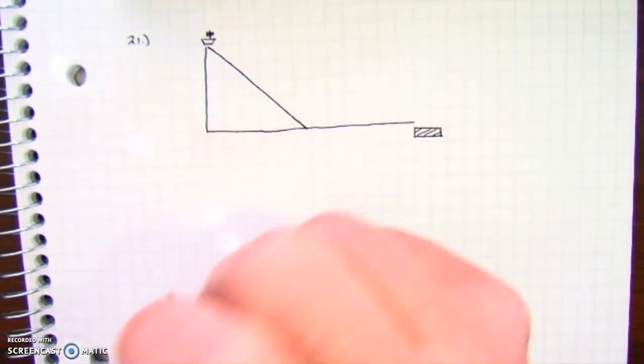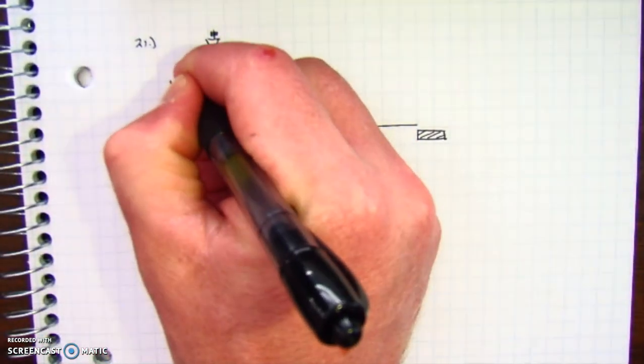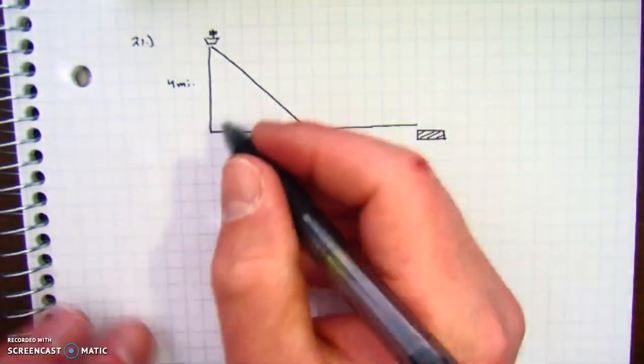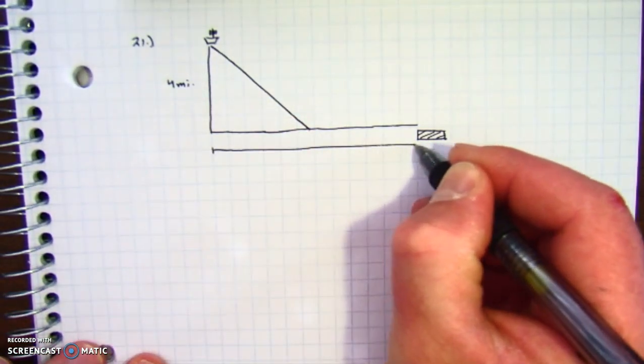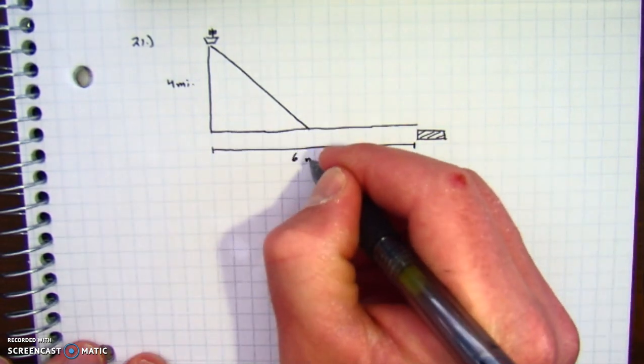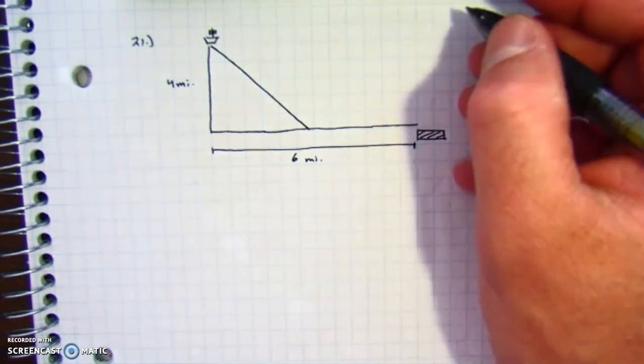We'll just draw it like that. So my boat is 4 miles out, and the total distance from here to the restaurant is going to be 6 miles. Also, I can walk.